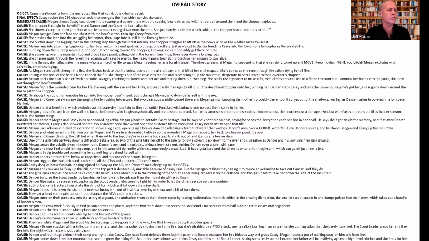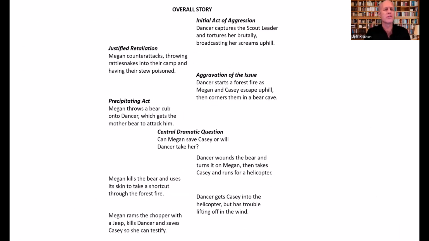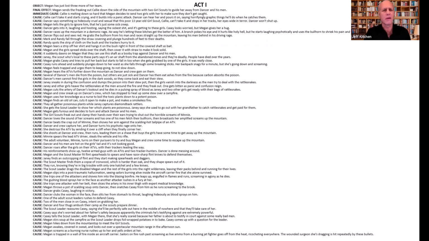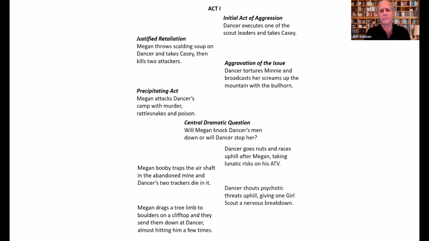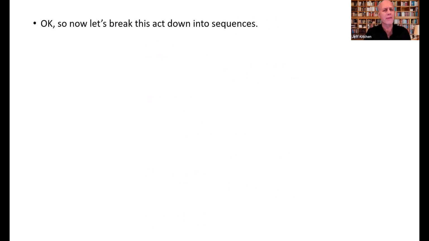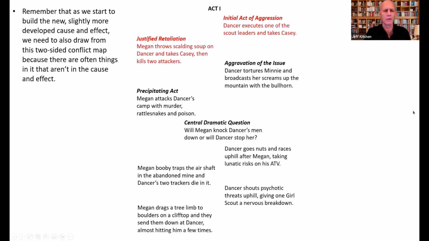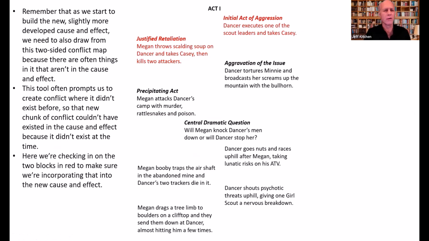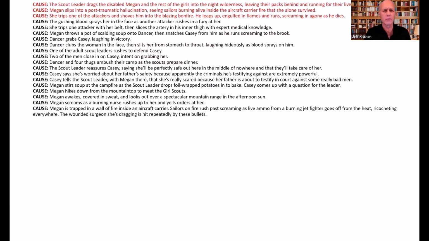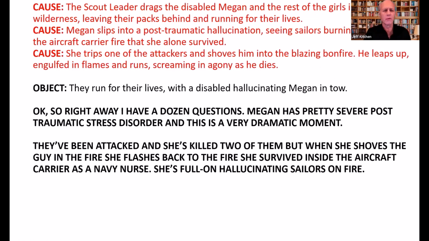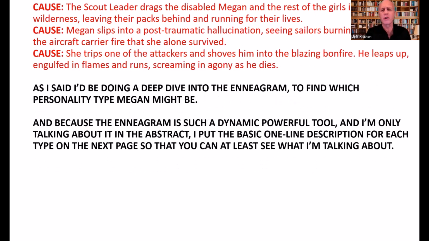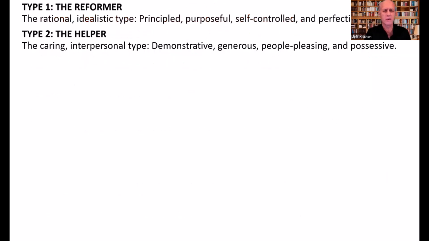So we've done reverse cause and effect for the overall story, two-sided conflict. Then we've done it for Act 1. Now we're going to break the act down into sequences. So here are 4 sequences I'm finding in Act 1. And we're going to look at some aspects of Act 1, figure out what we're doing through the reverse cause and effect for this sequence.